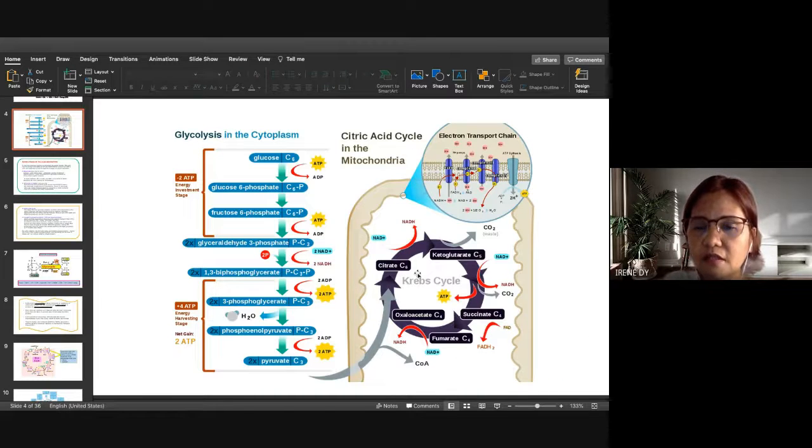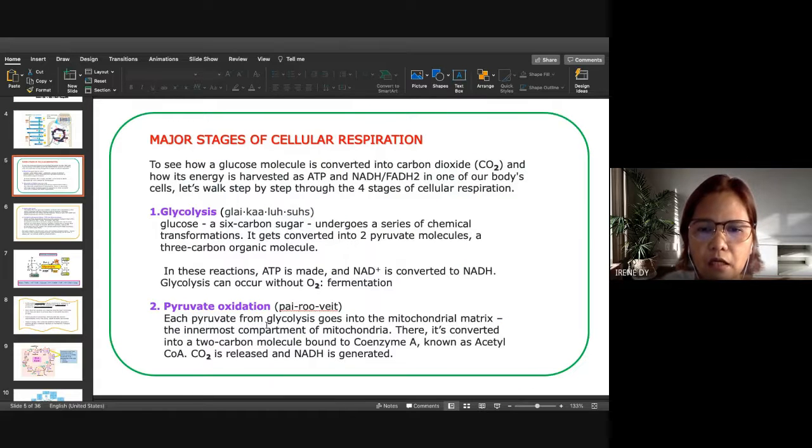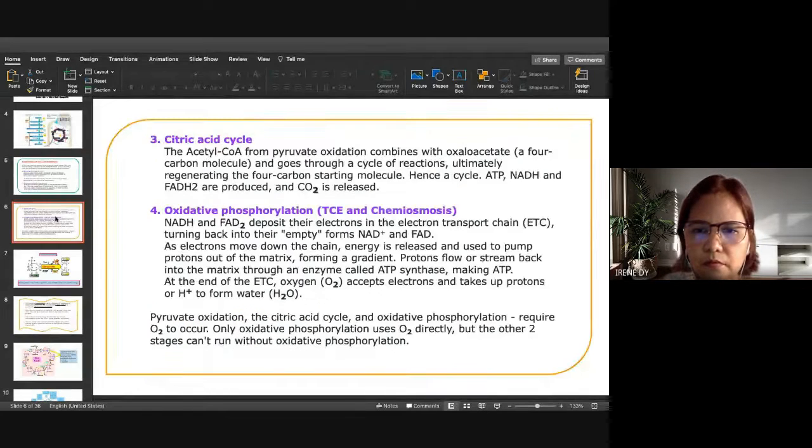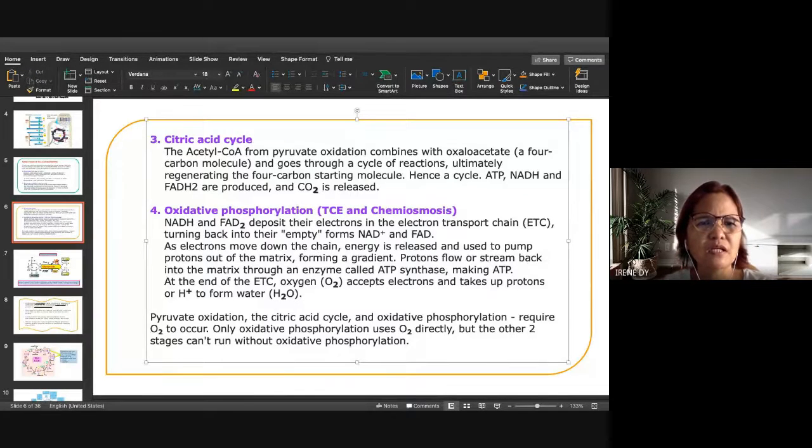Dyan, class, yung electron transport chain. Parang 3 steps yan: glycolysis, Krebs cycle, and then electron transport chain. Now, oxidative phosphorylation, I think this is also electron transport chain or ETC. Tingnan nga natin para malinaw tayo, class.